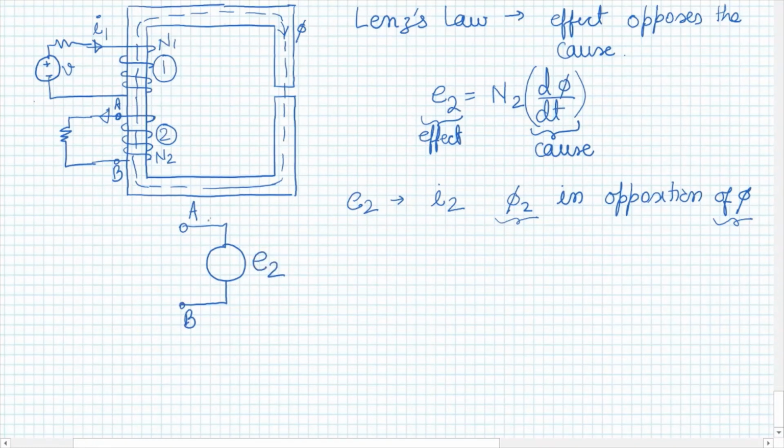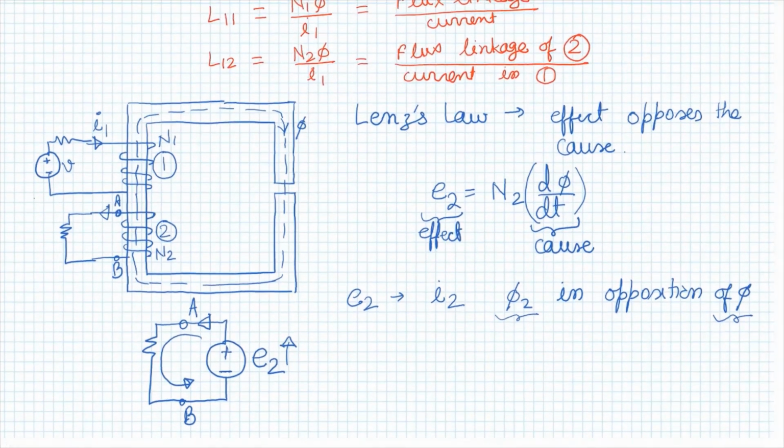And if the direction of current is like this, then the polarity of the voltage source should be minus here, plus here. Because inside the voltage source, the positive current goes from minus to plus, and outside the voltage source, it goes from plus to minus.